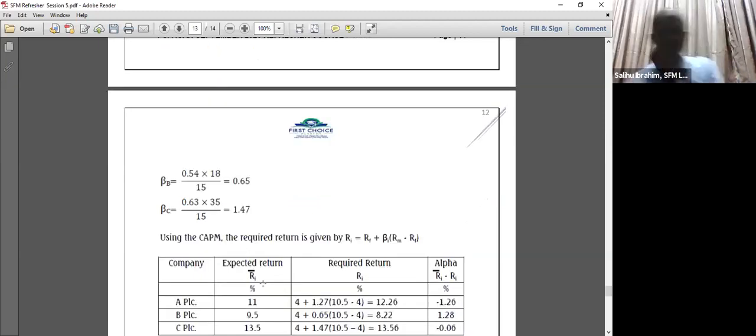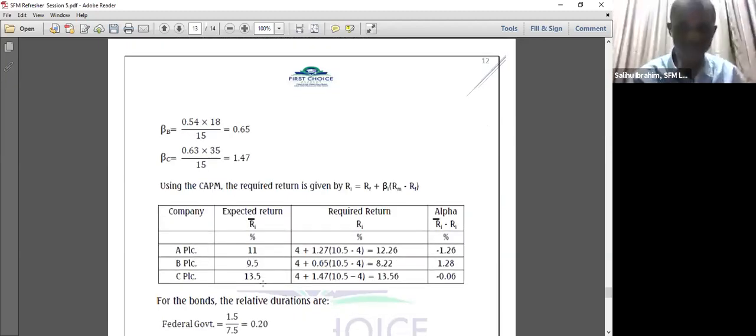Now for the required return, we have our companies APSC, BPSC, CPSC. This is our expected return. These are the required return. Can you see? Risk-free rate plus beta into bracket, market return minus risk-free rate. So these are the respective required returns. Now compare. Our alpha value is computed as expected return minus required return.